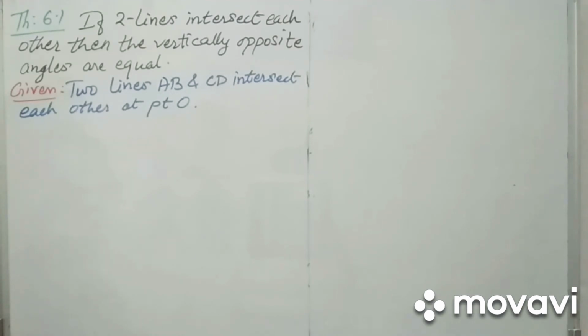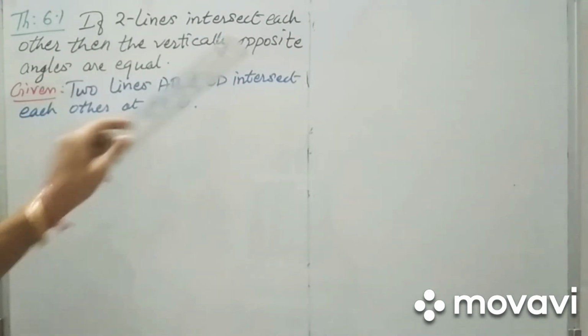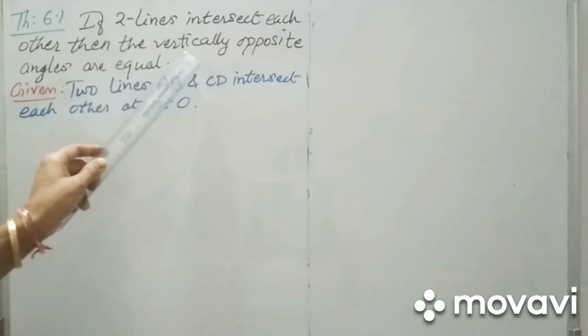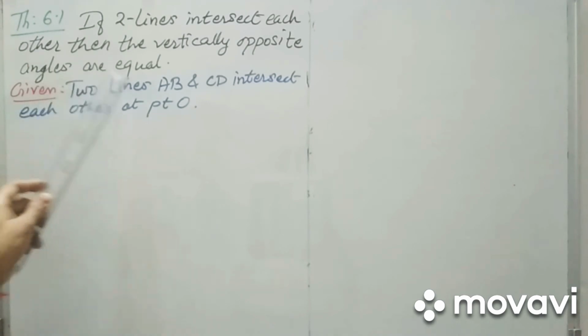No proof is given for it. As it is a theorem, we are logically proving it in three steps. First is the given. This is the statement given to us: if two lines intersect each other, then the vertically opposite angles are equal.